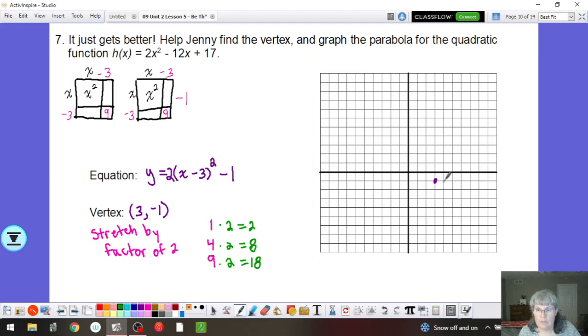So 1 unit horizontal is 2 vertical. 2 horizontal is now 8. And I don't have room if I were to go up 18. So here is the graph.